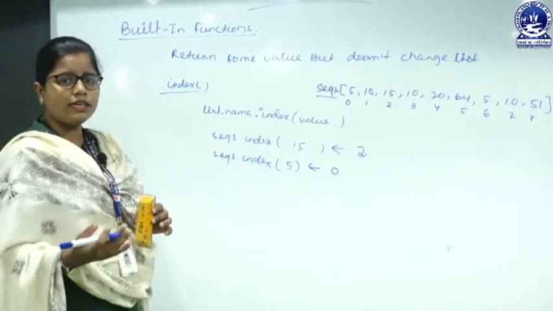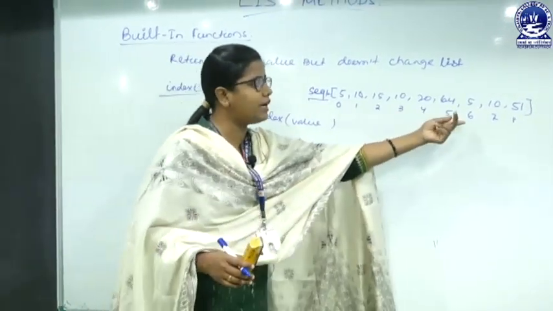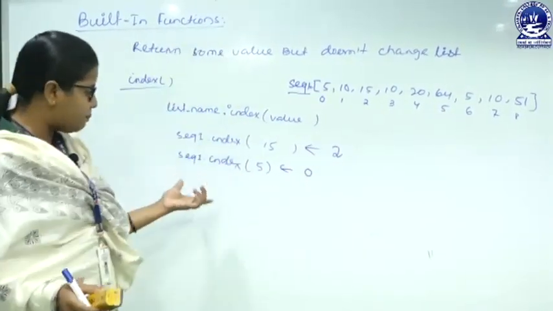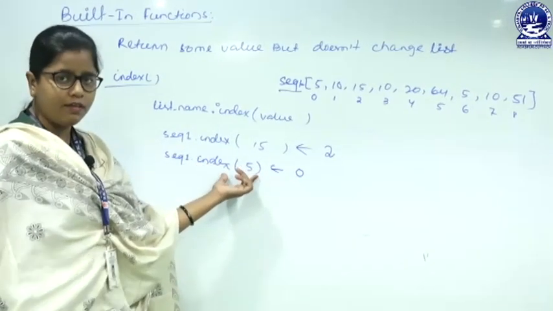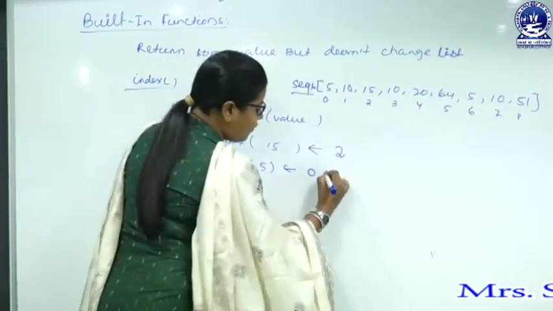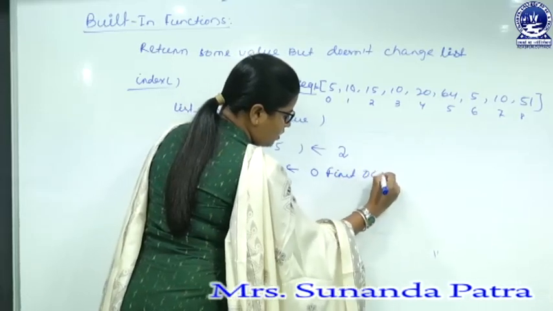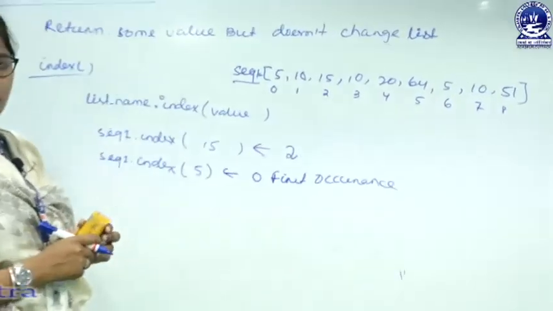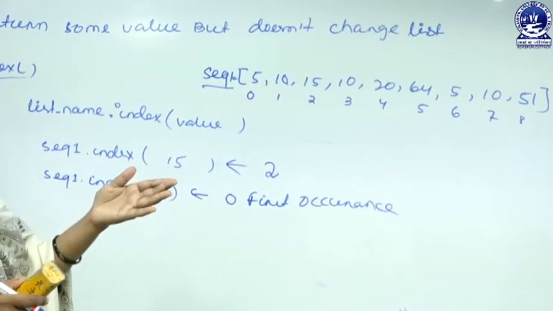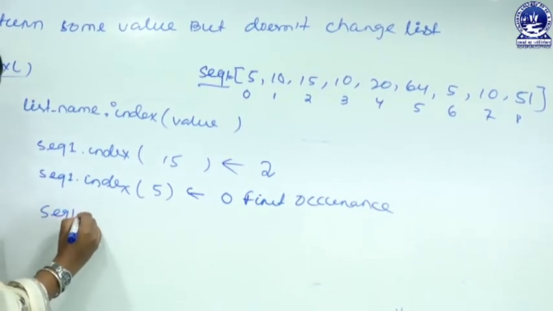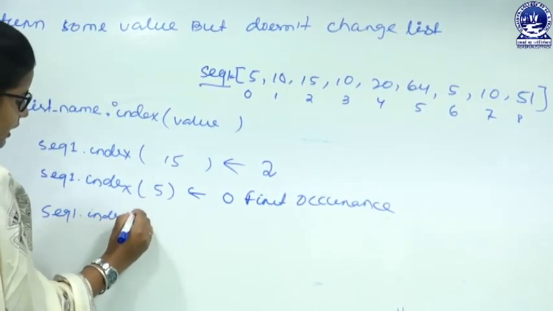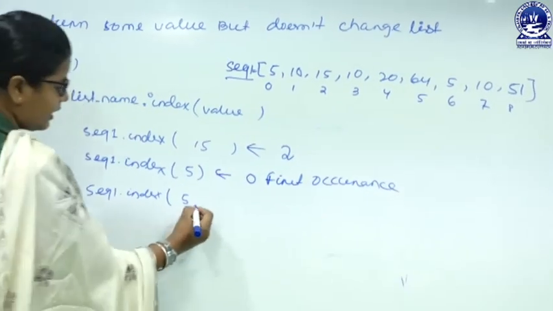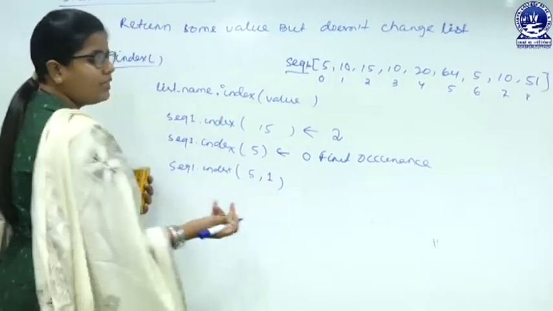If I want to return the second value, suppose I want to return 6 as the index value of 5, how can I get that? If I simply write index of 5, it will return the first occurrence. But if there are multiple occurrences, how can we get the second index? For that we can write sequence 1 index 5, and since the first occurrence is at 0, I can write 1, 2, 3 or anything.